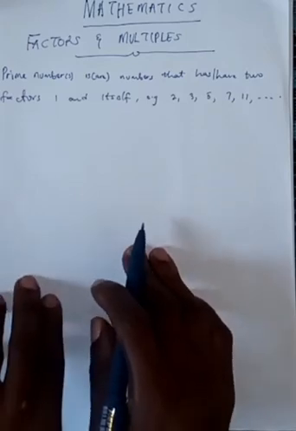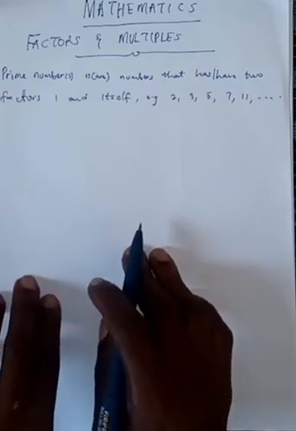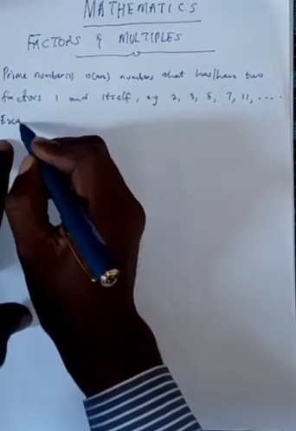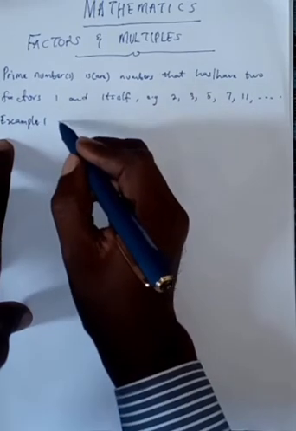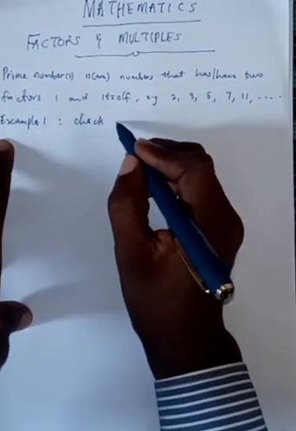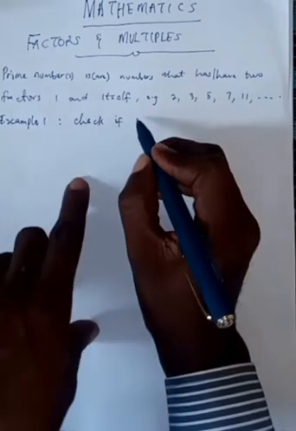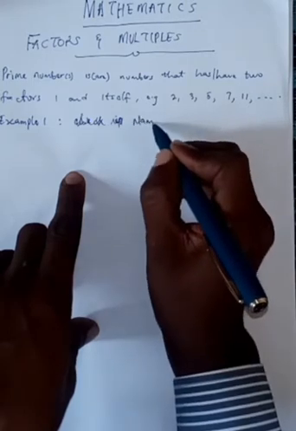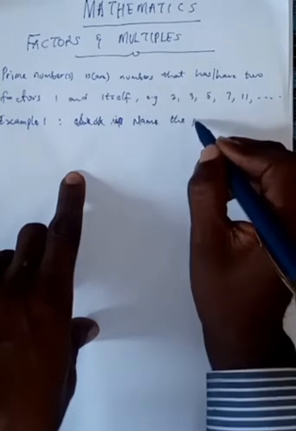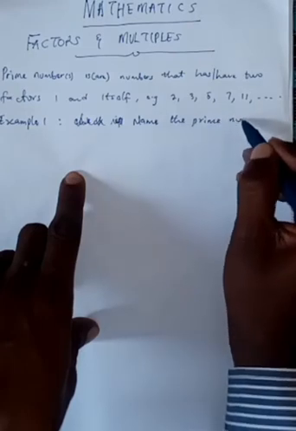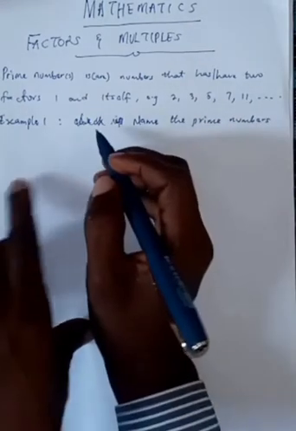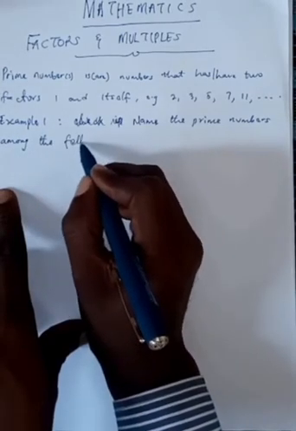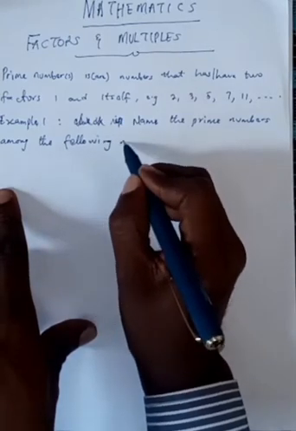Now, what we are going to do is to check whether some numbers are qualified to be called a prime number or not. Example 1: name the prime numbers among the following numbers.